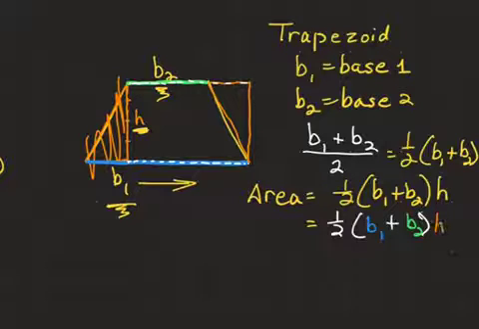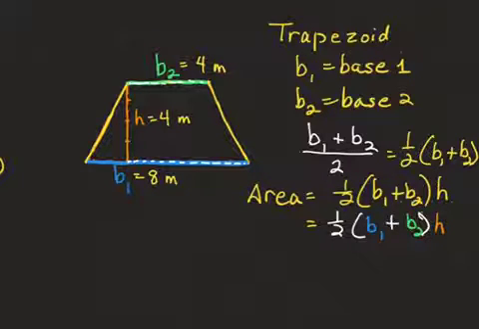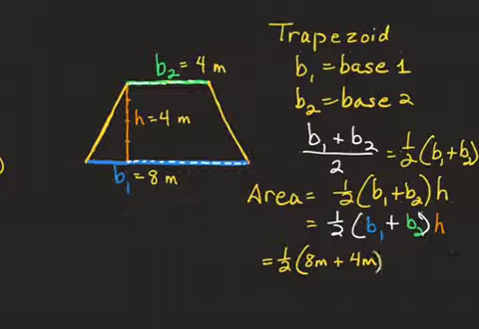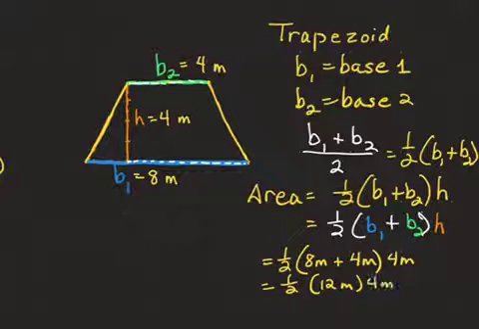times the height. So for these given measurements, the area would equal 1/2 of the base 1, which is 8 meters, plus base 2, which is 4 meters, times the height of 4 meters, or 1/2 times 12 meters times 4 meters, or 24 meters squared.